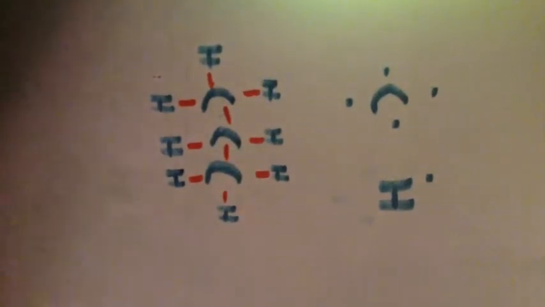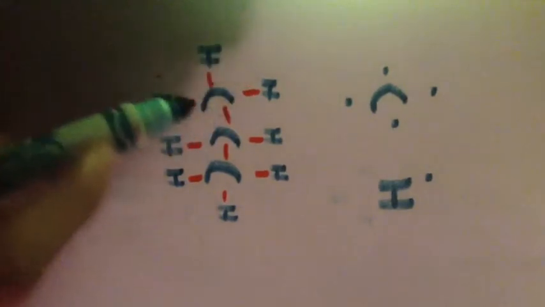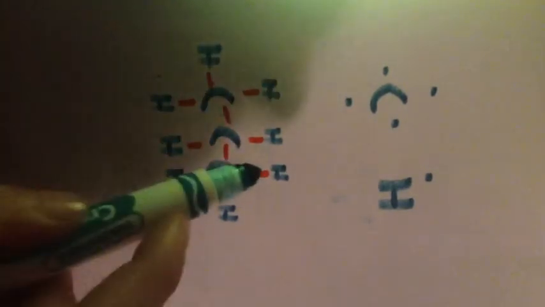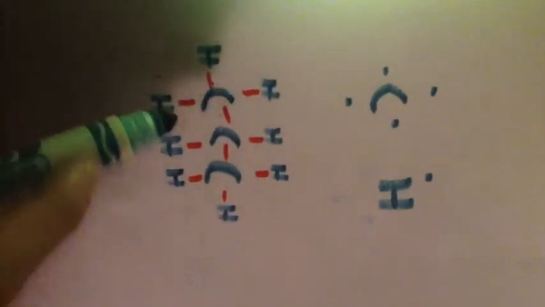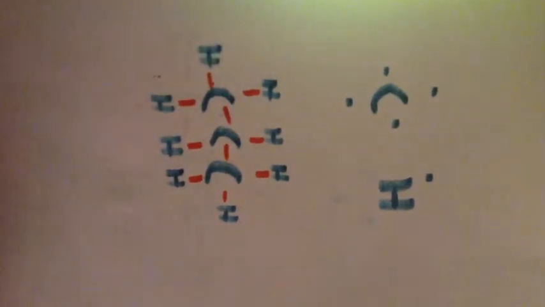And since they only need 2 valence electrons, and each of the lines represents 2 valence electrons, those are all completed. And if we count 1, 2, 3, 4, 1, 2, 3, 1, 2, 3, 6, plus 4, it's 10. 10 bonds, which completely satisfies our Lewis dot structure, making it perfect. One good-looking Lewis dot structure, if I do say so myself, and I do. Thank you for watching.